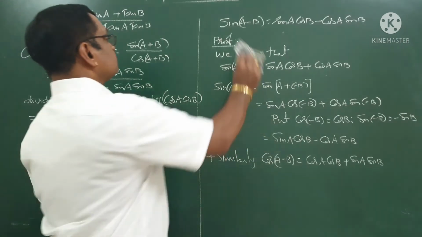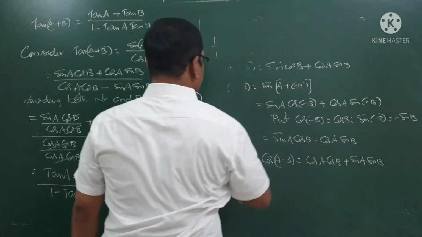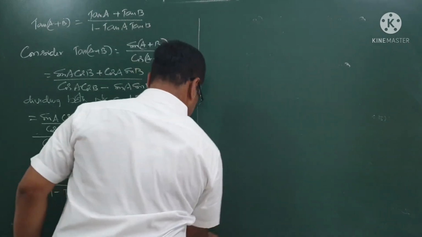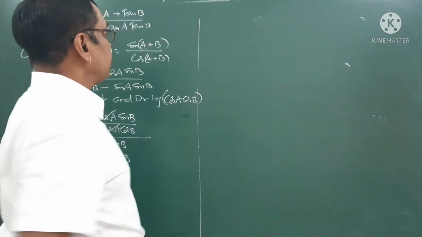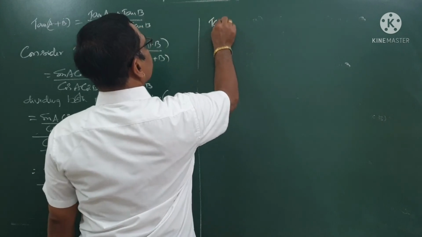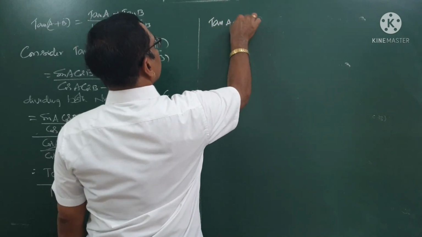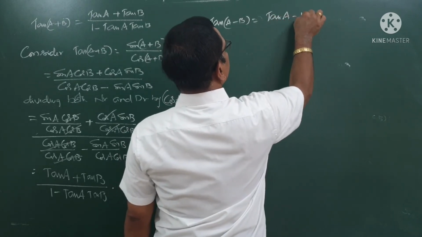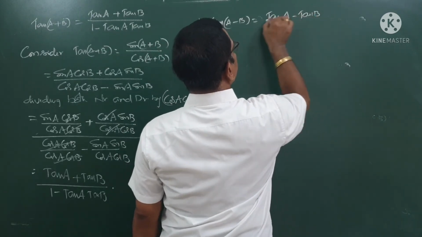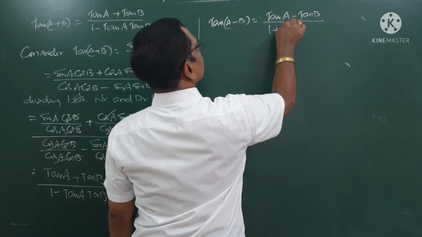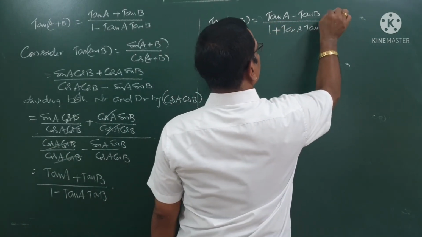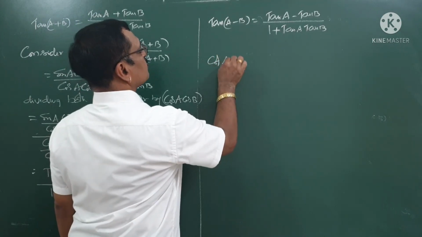Now the next one. Similarly, I can write tan of A minus B. Same technique, but I am not proving, I am just making the list. Tan A minus tan B by 1 plus tan A tan B, and cot of A plus B also.